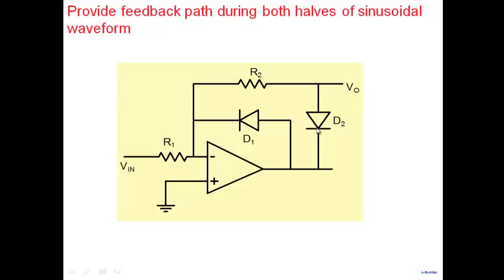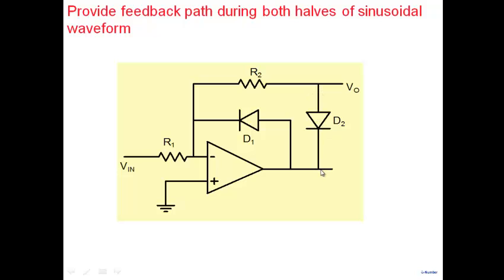So D1 is off, D2 is on here, and V0 is basically equal to -Vin R2 by R1. The op-amp output at this particular point would be the value of V0 minus the diode voltage, 0.7 or so.